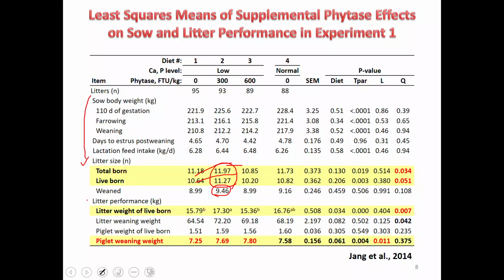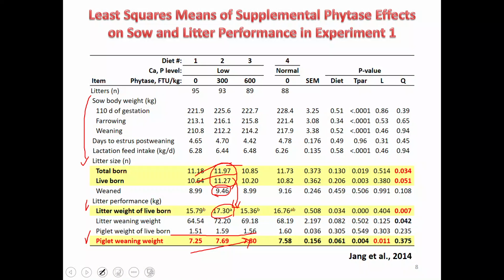And if you look at litter performance, litter weight of live born increased, okay, and peaked at 300 FTU of phytase per kilogram diet, and without any difference in piglet body weight of live born, this result may be from increased litter size.